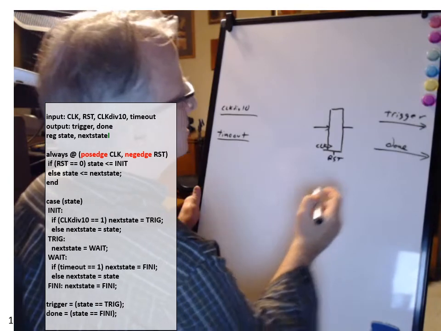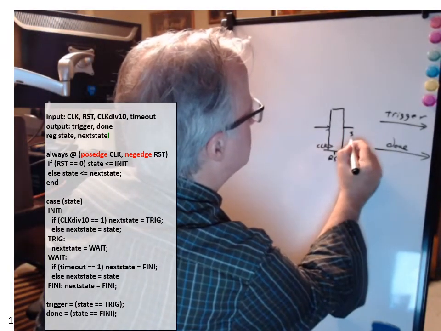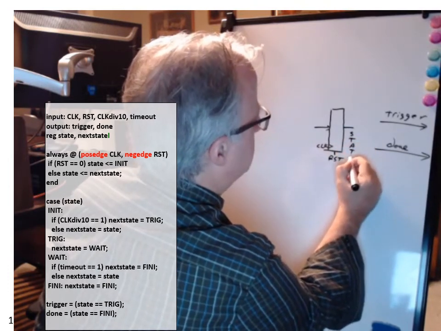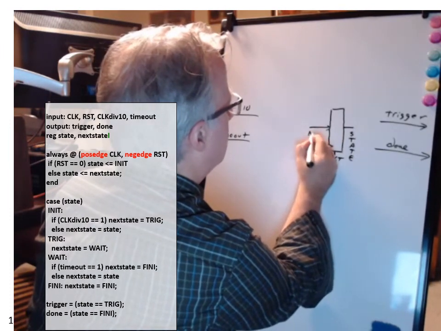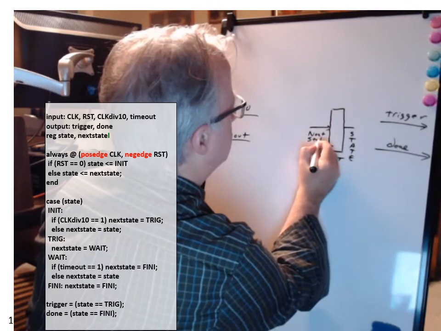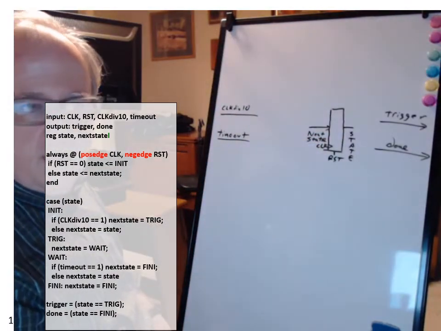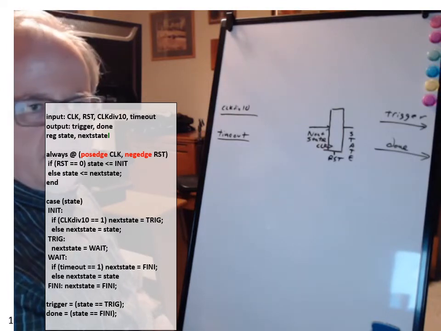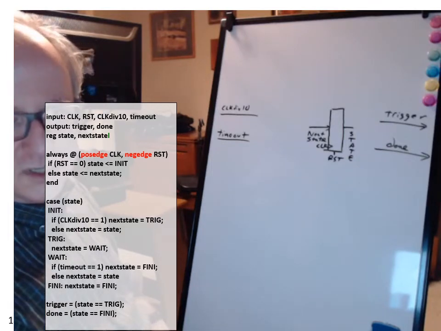So let's see. I think I'll write it kind of vertically here, because I'm a little shy on space: the state and next state. Okay. And let's see. I've got my next state logic here, which is this case structure.